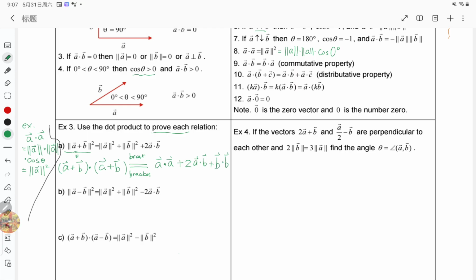And of course a inner product with itself is just norm a square, plus 2 this, and then plus norm b square.